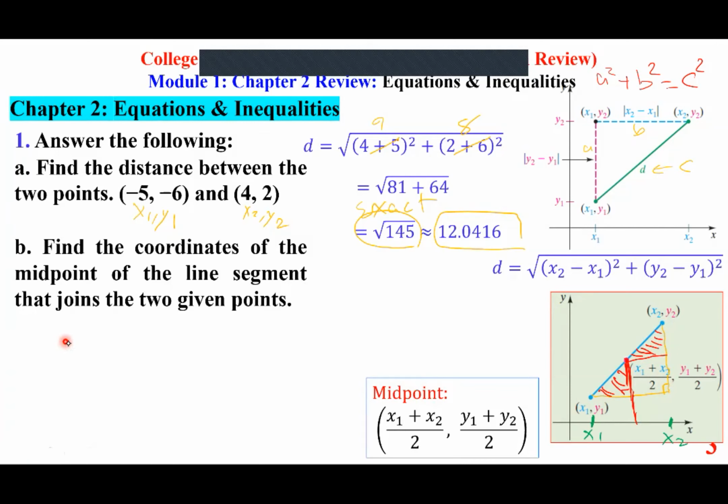So we get the midpoint using this formula. And so add them up. We are going to add up their x coordinates and their y coordinates and divide by 2.